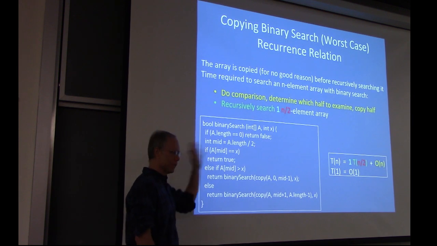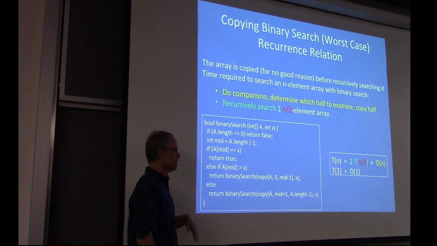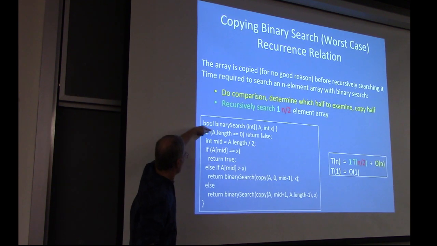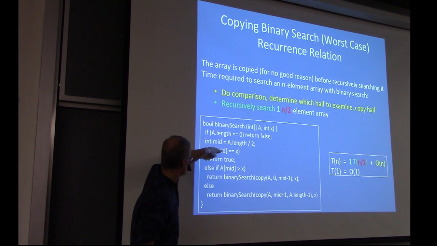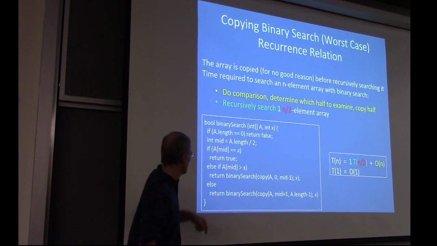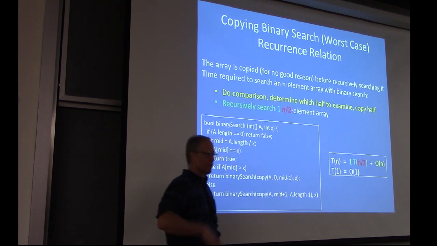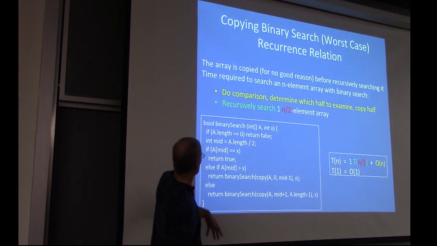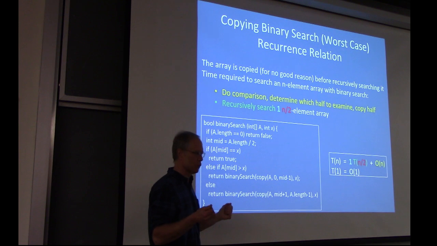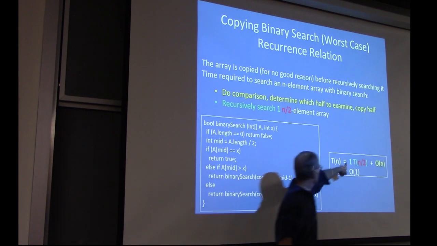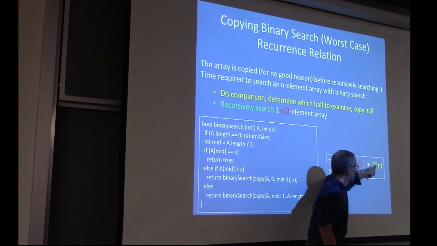It's the time it takes to do everything else except for the recursion. So we're just looking at this and we say, okay, the time for this probe here, this comparison here, this copy. The time it takes to do all the stuff exclusive of the cost of the recursive call. The cost of the recursive call is right here. The cost of everything else is right here.